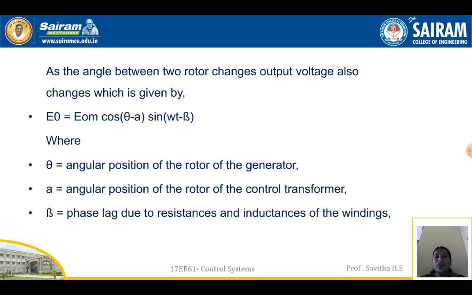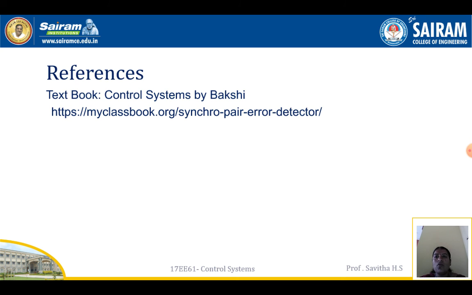As the angle between the two rotors changes, the output voltage also changes, which is given by E0 is equal to E0m cos of theta minus a sin of omega t minus beta, where beta is the phase lag due to resistance and inductance of the windings.